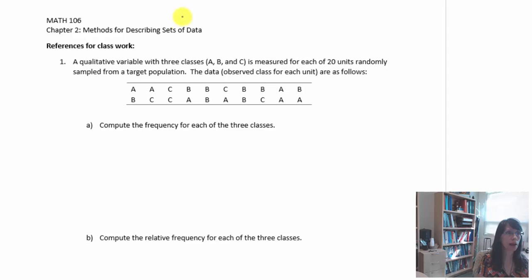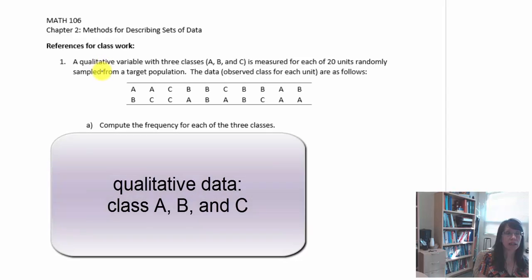Alright, so to practice, our first example, we are given a table with A, B, and C. So this is qualitative type of data. The qualitative variable with three classes, A, B, and C, are measured for each of 20 units randomly sampled from a target population.